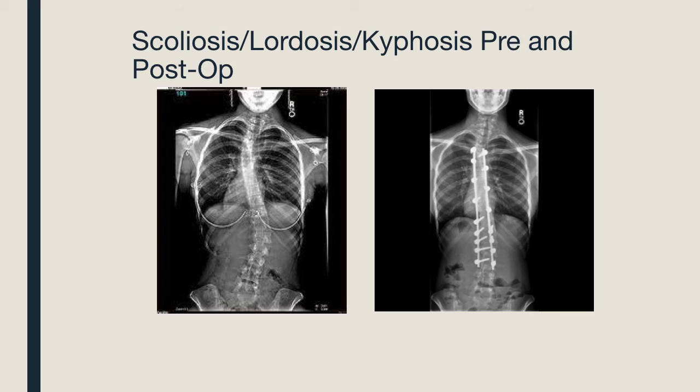I wanted to show this one picture because this is a before and after. It's also a picture of a poorly done x-ray. So the picture on the right is obviously before they did surgery. You can see the underwire for this person's bra.